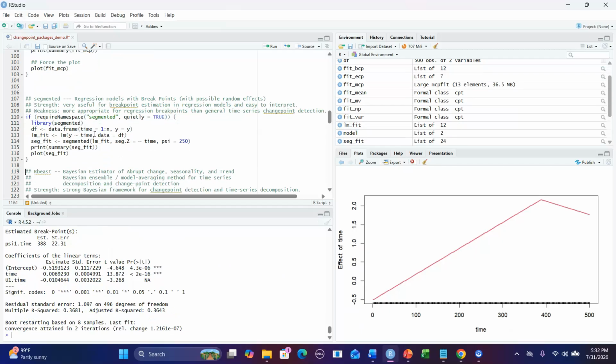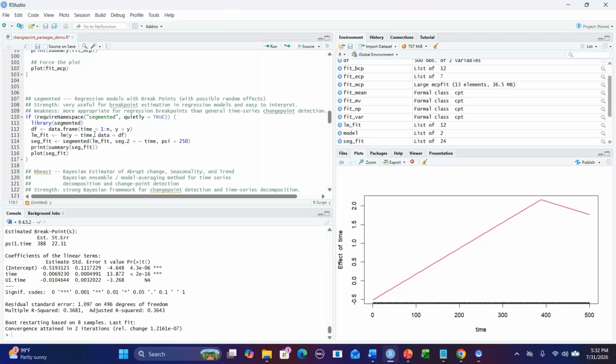You can see the breakpoint is estimated at 388, which is far off from the true value of 250. On the right-hand side, you can see the segmented plots. So it's really not accurate. This just tells you this function is not really good for mean shift of stationary time series data. Just keep that in mind.